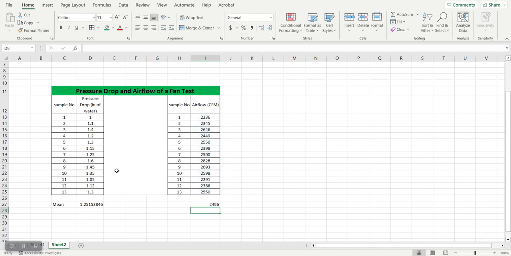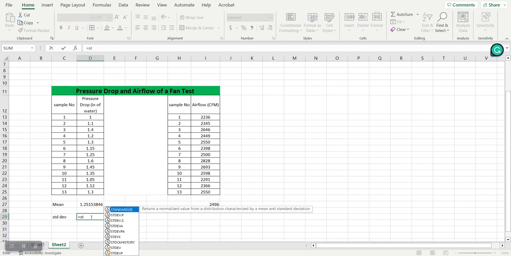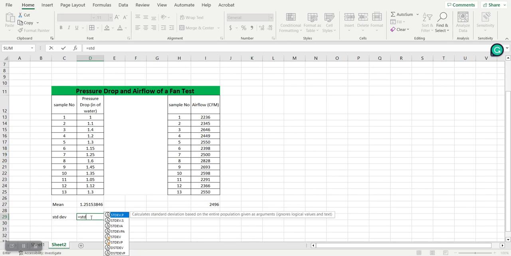Okay, sounds good. So then you are going to calculate the standard deviation. So I'm just going to write standard deviation. For calculating standard deviation, you have to just start with the equal sign, then write std, and now you can see different options come up. The two mostly used options are stdev.p and stdev.s.